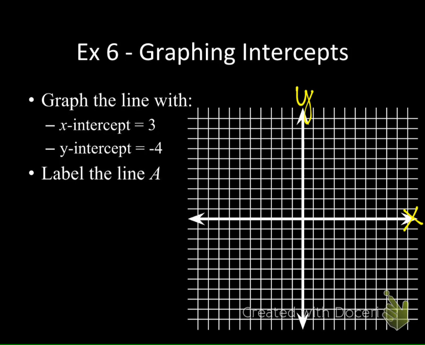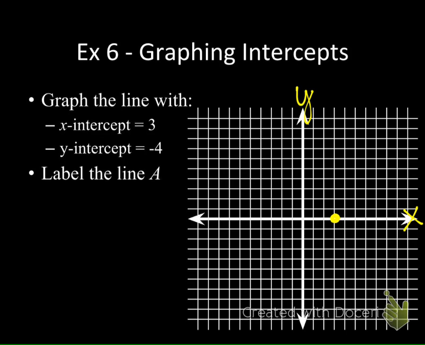How many spots? 3. So my x value is 3. So I'm going to plot that on the x-axis because that's where that line's going to cross through the x-axis. See? X-intercept, 3. Now, where's the line going to intercept on the y-axis? Down what?